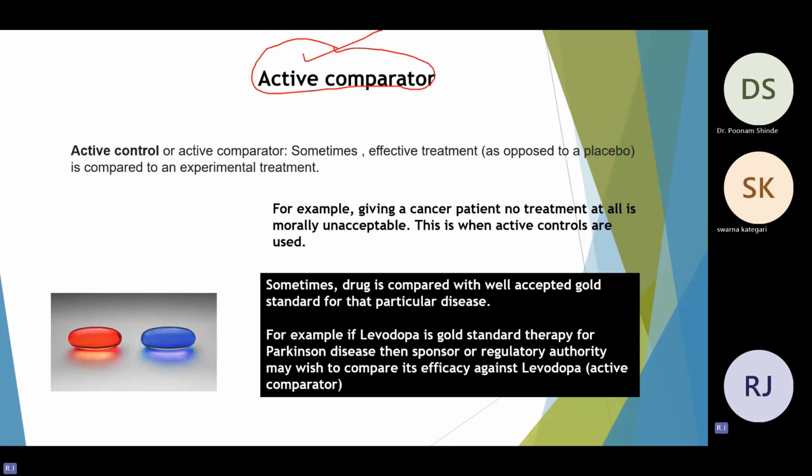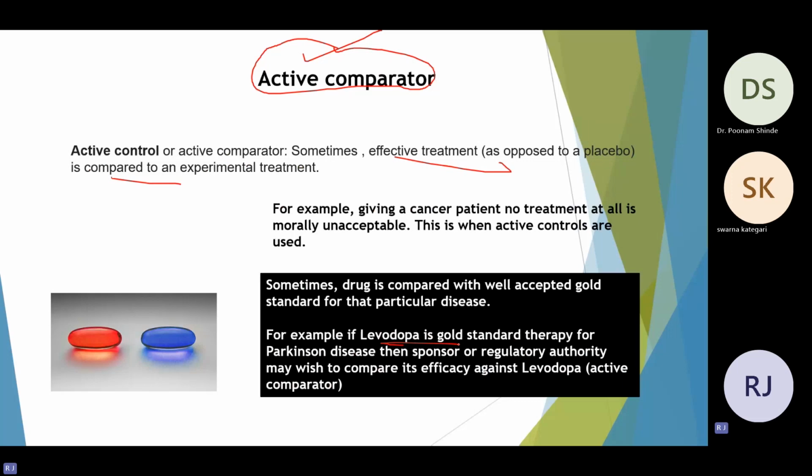So active control is nothing but an effective treatment which we compare to the experimental treatment. The drug is compared with the gold standard for that particular disease. For example, I have given one example here, levodopa. Everybody knows that levodopa is a gold standard treatment for what? For Parkinson disease.